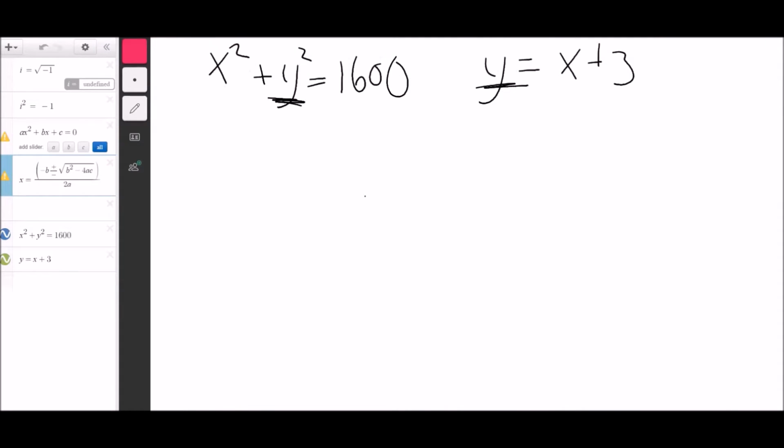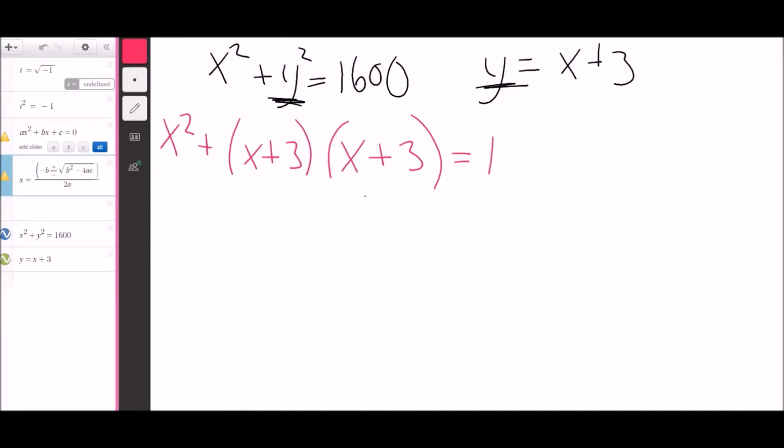So my equation is going to be x squared plus x plus 3, and then again x plus 3, and that's going to equal 1600.